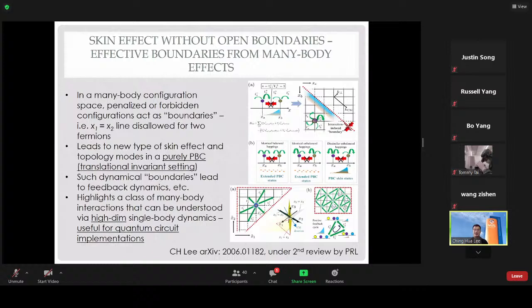So for instance, in multi-dimensional systems with many-body interactions, we can understand it as a single-particle system that is not interacting, but in higher dimensions.